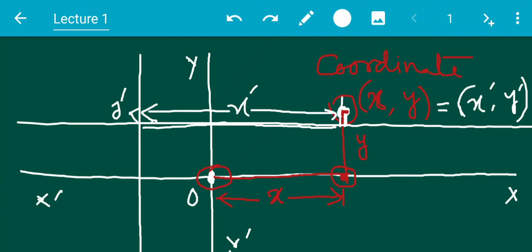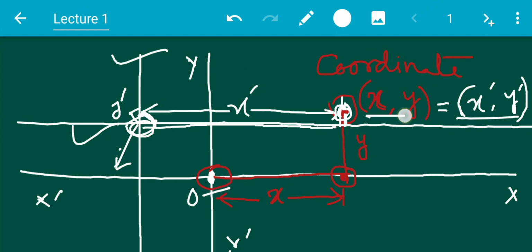So to define the coordinate of the point, we must first define the lines and the origin. If origin and lines are different, then for the same point we get two different coordinates. This is not wrong, you just have to mention according to which coordinate system, or with reference to which origin you have defined your coordinate. If this is your origin, your coordinate is this one. If this is your origin, your coordinate is this one. So this is how the Cartesian coordinate system works.